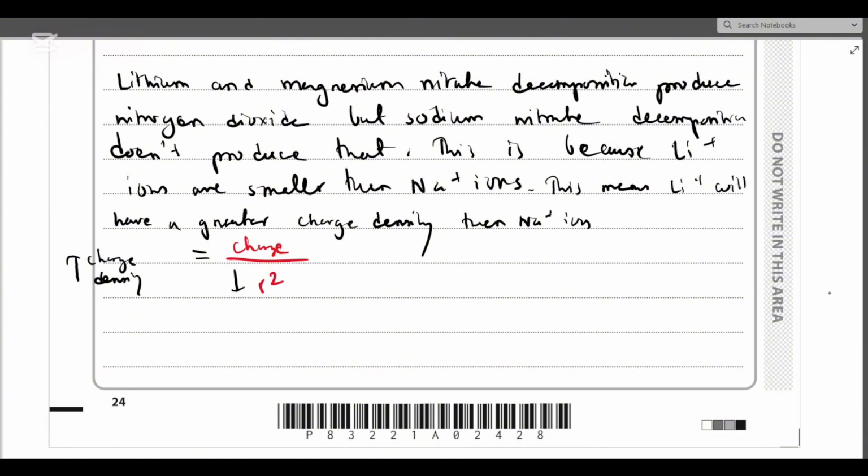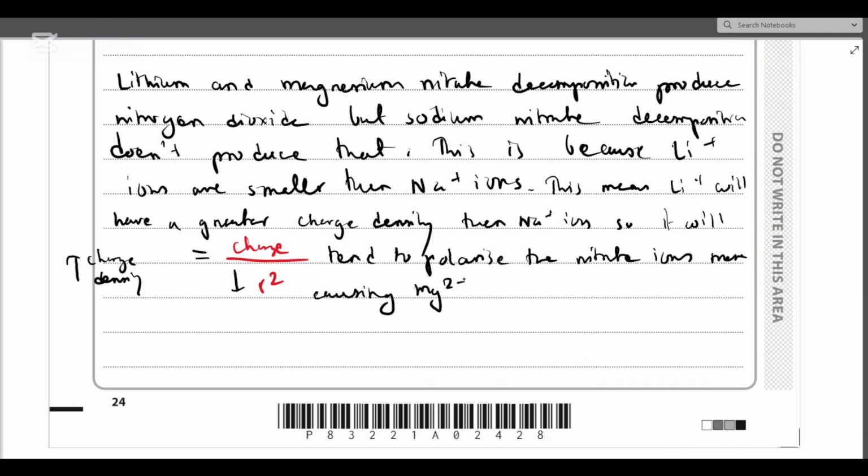Since it has a greater charge density, it will tend to polarize the nitrate ions more, causing Mg2+ and Li+ to decompose in a similar manner.